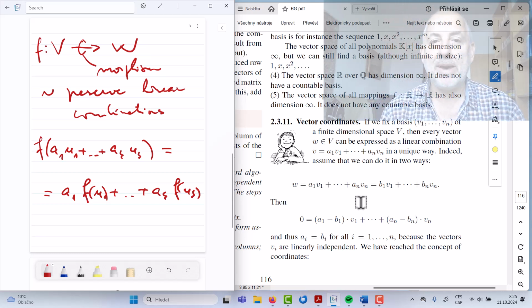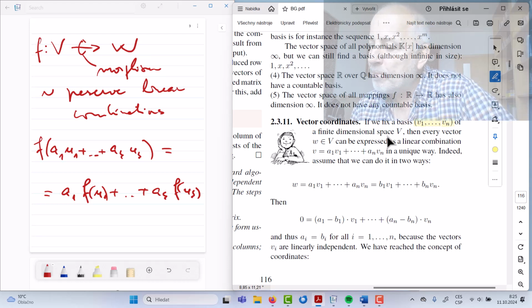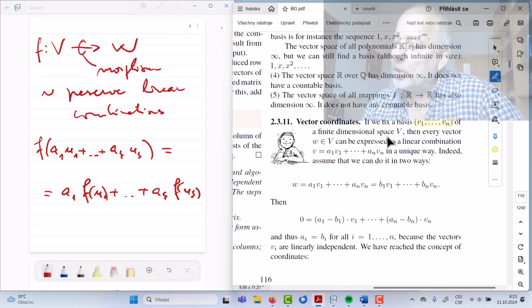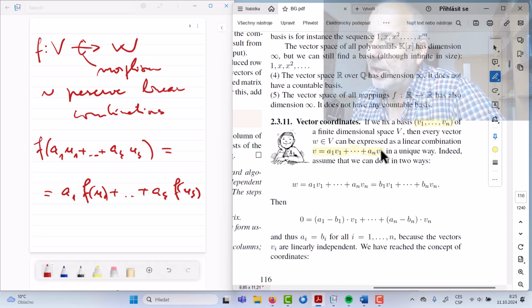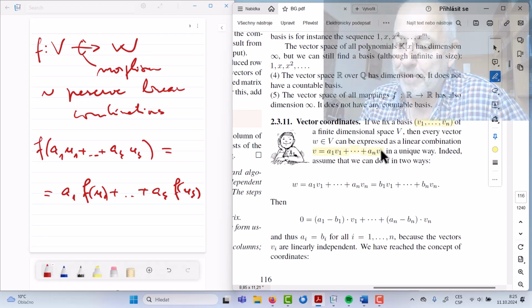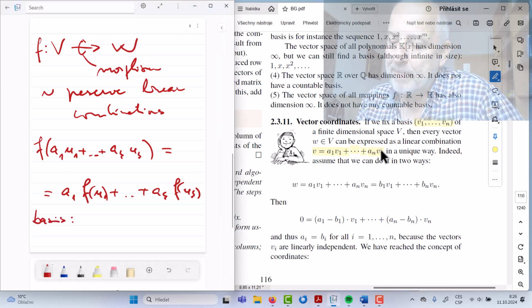Whenever we fix a basis, so if we fix a basis of our finite dimensional vector space V, then as I already told several times, every vector is expressed in a unique way this way. And so I can understand a basis as a mapping.